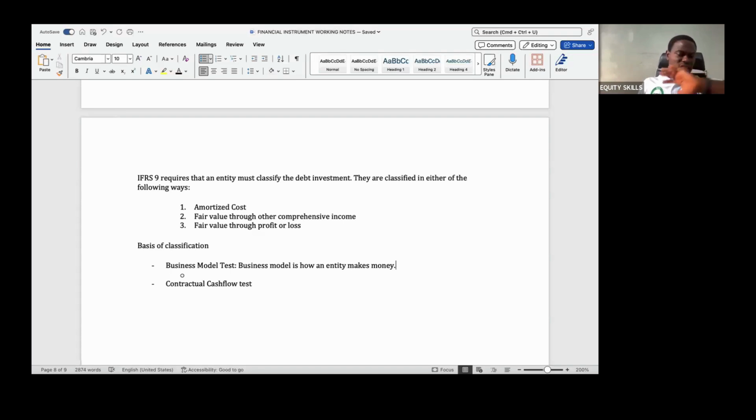So your business model is how you make money as a business. Like banks, they know how they make money. They help you keep your money, and they lend that money to other parties that need it, and they charge interest. So majorly they make money through interest.